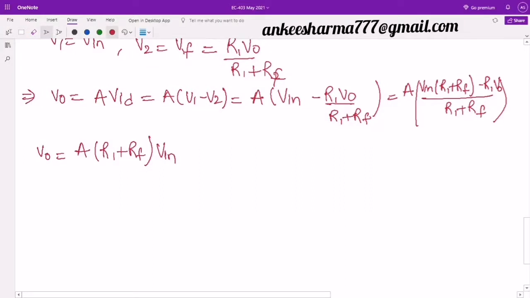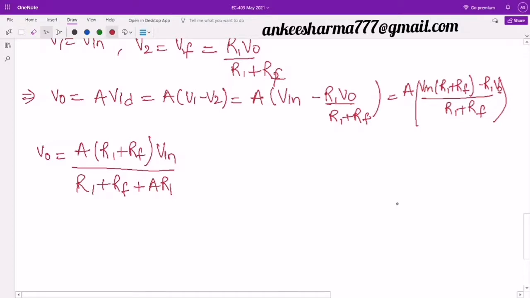If you take V naught to one side after solving, then you will get, I am making this simple, I am skipping one step, R1 plus RF plus A times R1. So what you have to do is simply take this V naught on the left hand side, because the left hand side already has V naught, so by cross multiplying you can do that, and you will find the value of V naught.